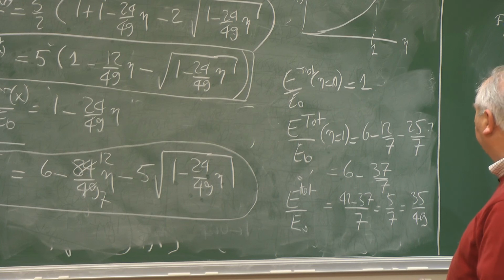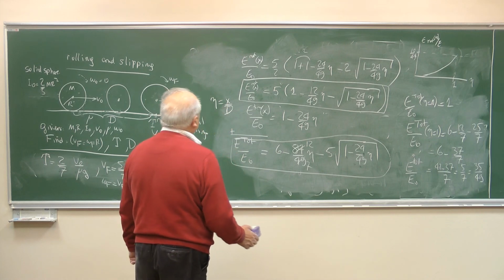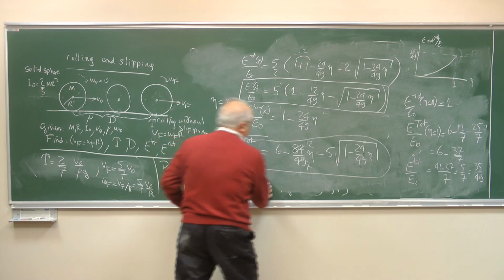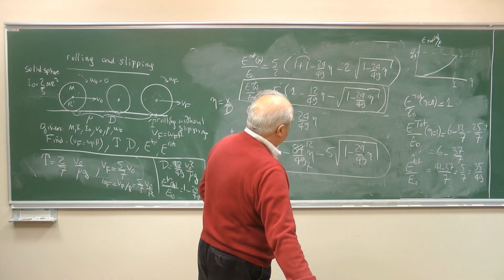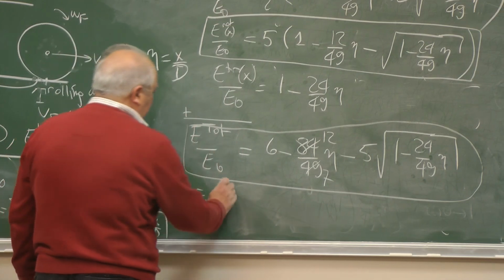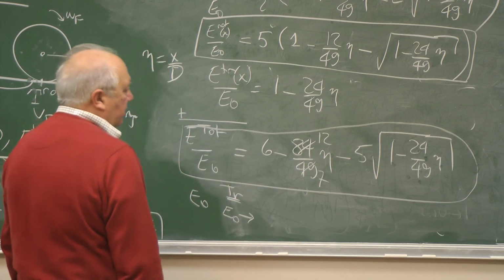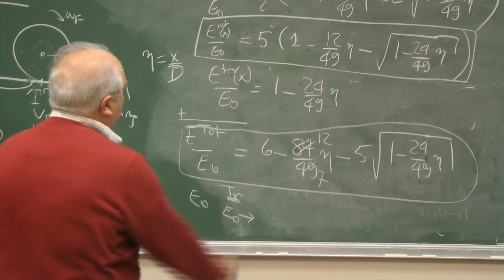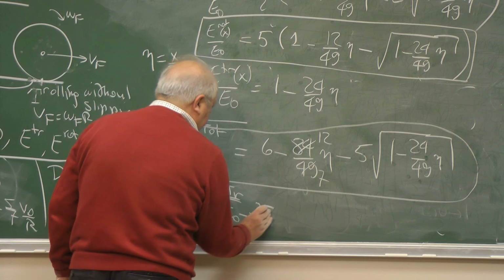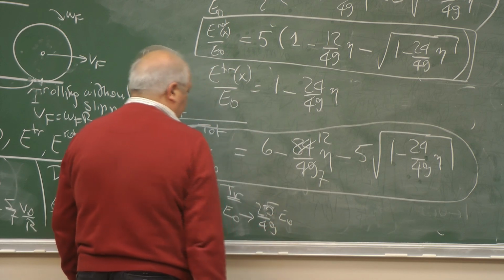And so this 35 over 49 we can understand like this. This is rotational. This is the total. We start with E0. In the translational mode, from E0 it goes down to 25 over 49 E0.